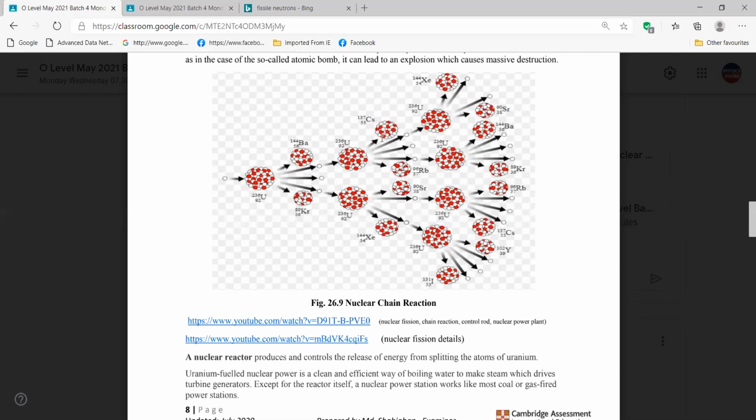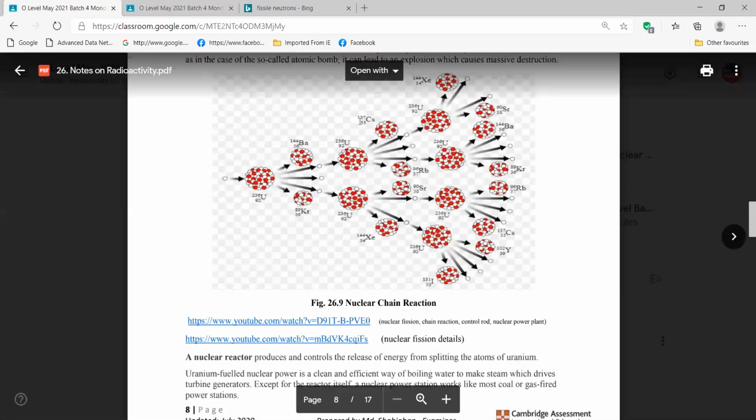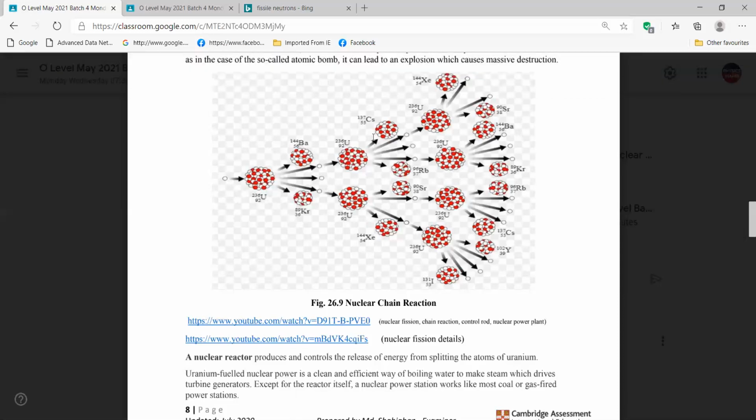So you see they are closer. Strontium, xenon 144, rubidium is 96, cesium is 137. So it's splitting into two parts, with masses more than 80. So the idea I want to give you is that it varies.